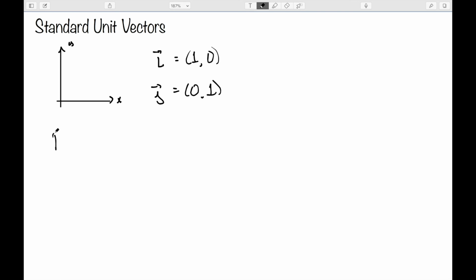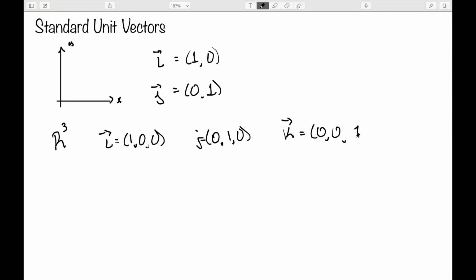And if I want to look in R3, I have my vector i, which is 1, 0, 0. j will correspond to the y-axis, 0, 1, 0. And then we use k to correspond to the z-axis, 0, 0, 1.